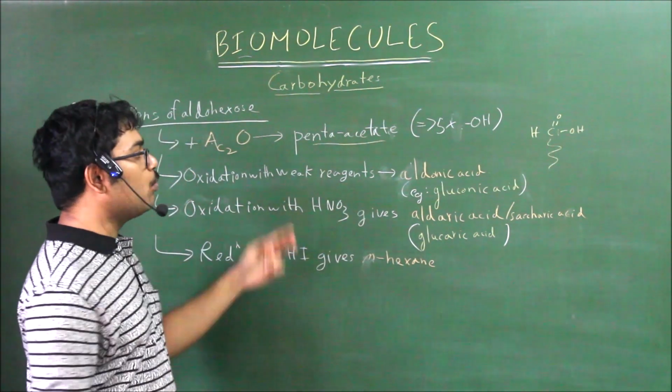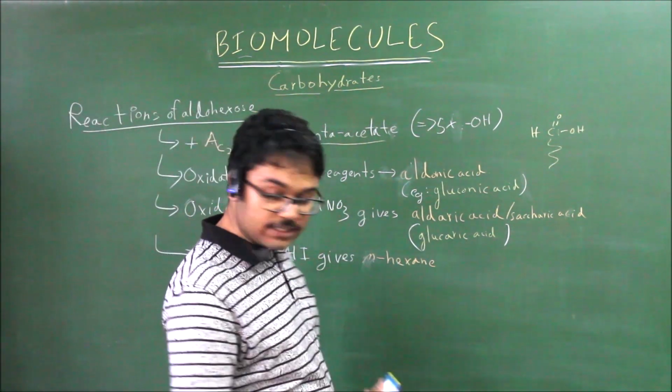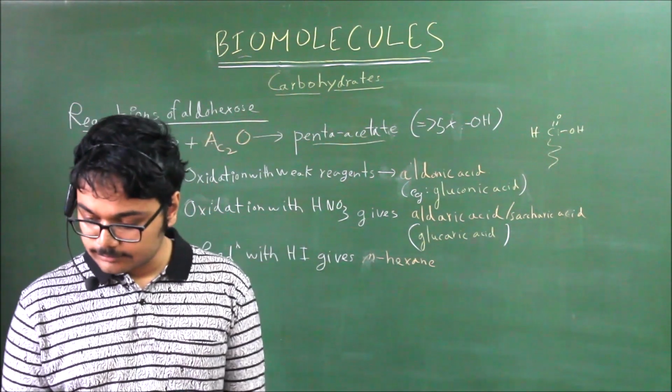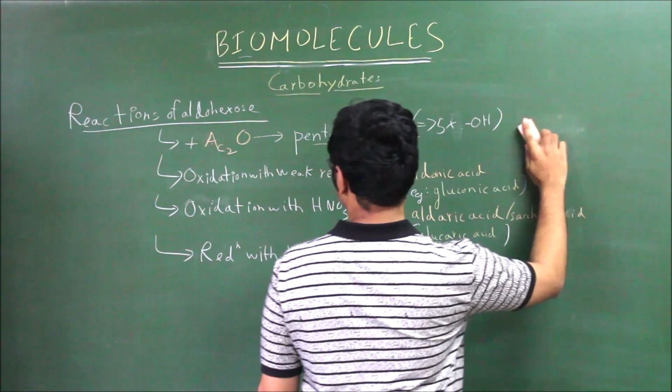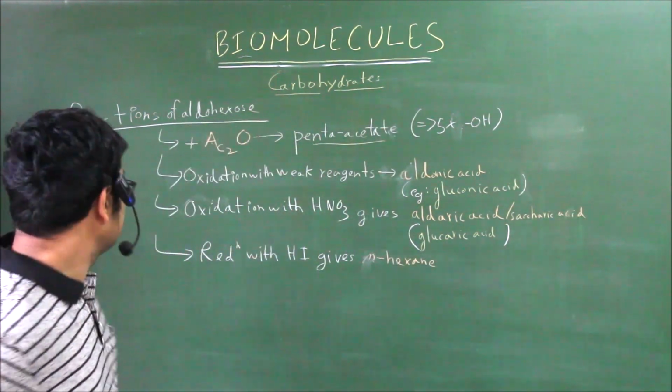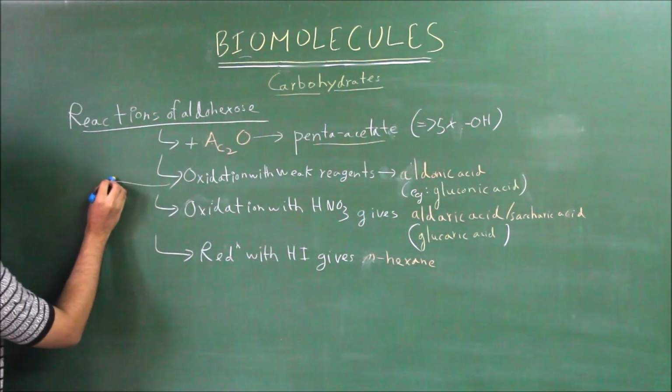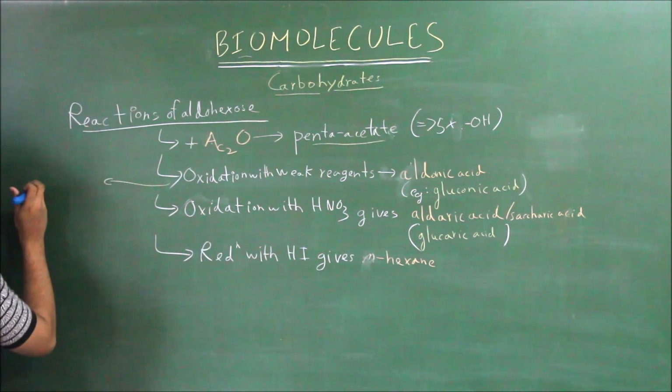Okay. And what sort of weak reagents are these? Well, you should know the reagents very well. So let's write them down. These weak reagents, so this point is being explained over here.